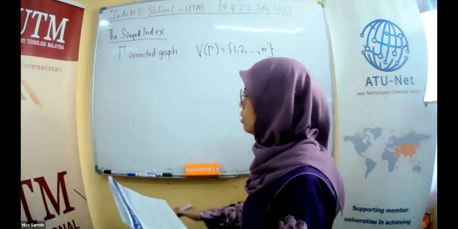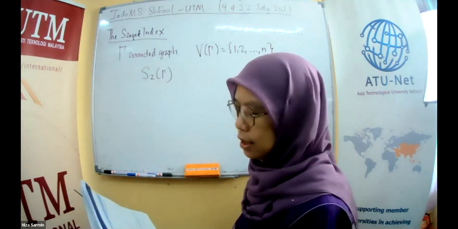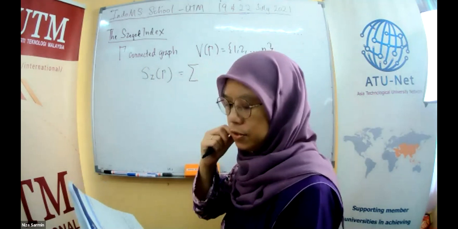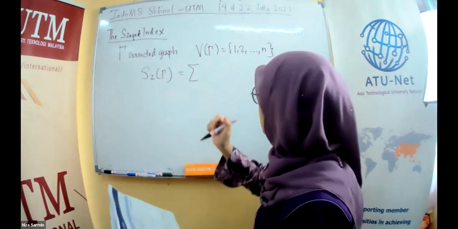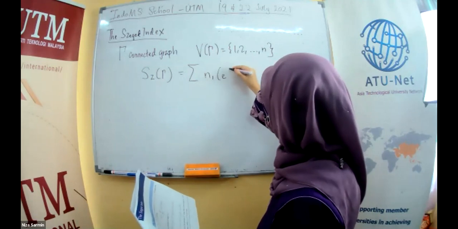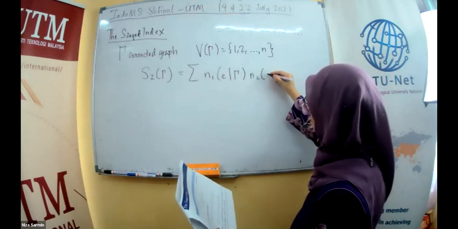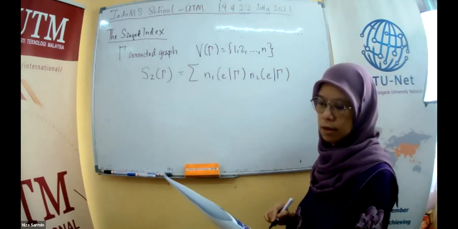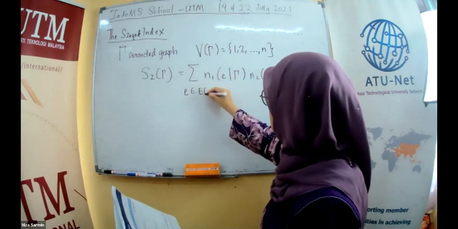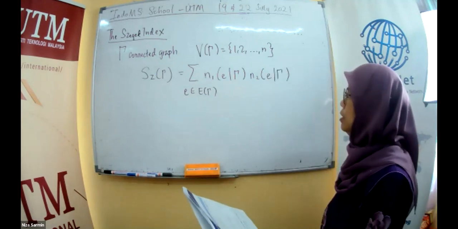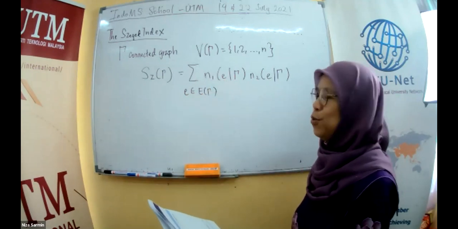Now the Szeged index, we write like this: Sz of gamma is the sum, related to the edges, of n1 of e times n2 of e, over the edges e in gamma, in which the edge is in this set. Now, what are n1 and n2?